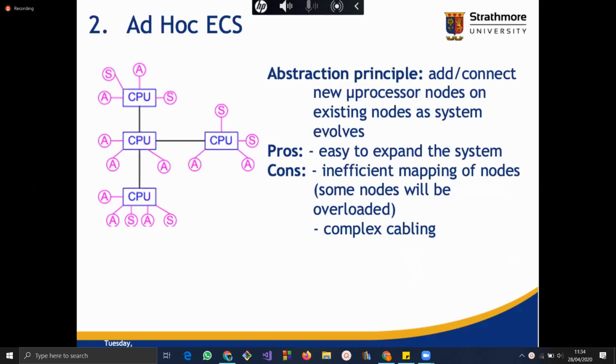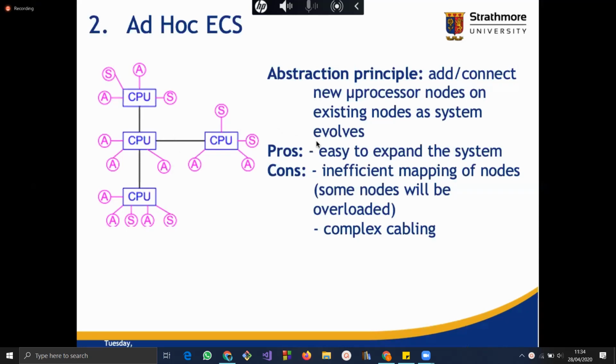Then we have the ad hoc. Ad hoc means you expand by just adding nodes on top of the existing ones. For example, this node here is connected to two more, but this one here is only connected to one.